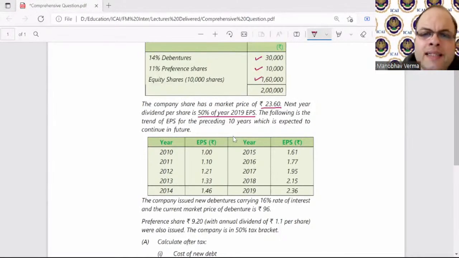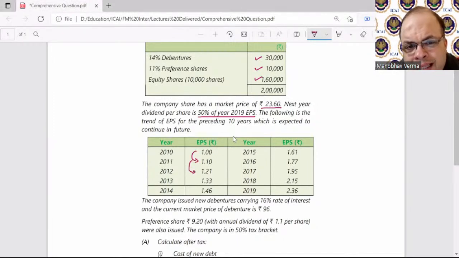I can see my EPS increasing over the number of years, but any specific trend? Let's see what are the responses about growth. Saurabh, excellent. Saurabh says that there is a trend in the growth every year. Can I see the EPS is kind of increasing almost by 10%, guys? Can I say that growth is 10%?